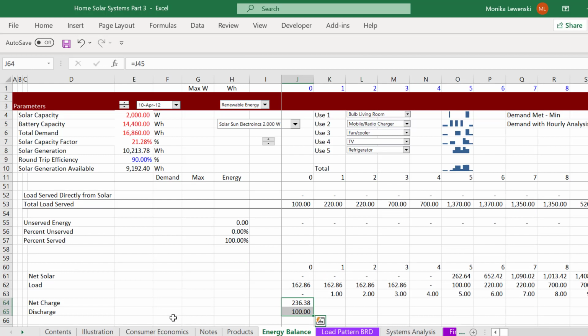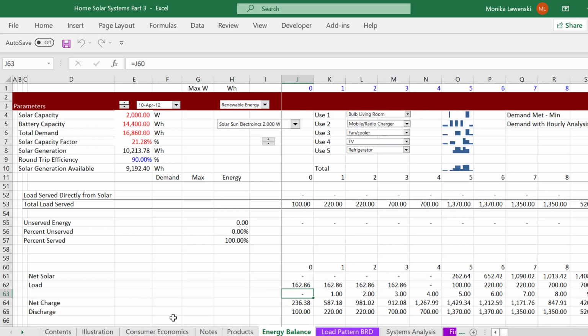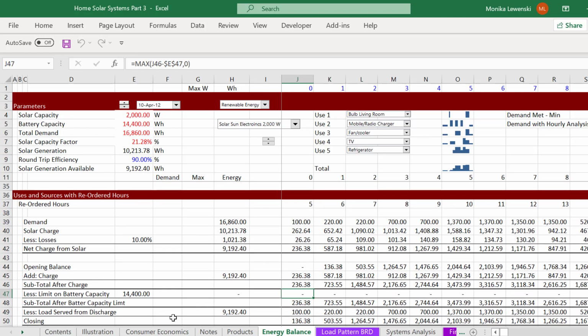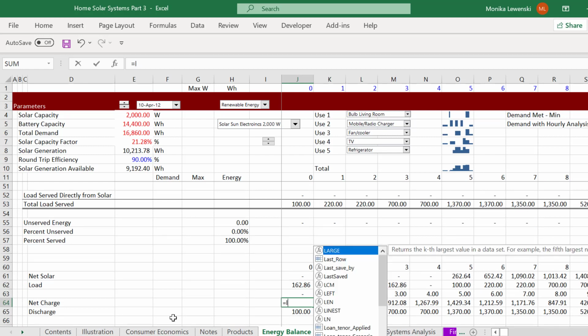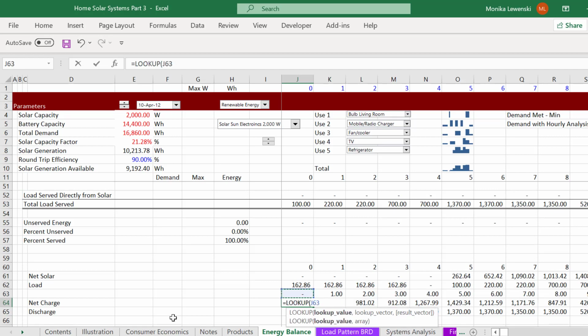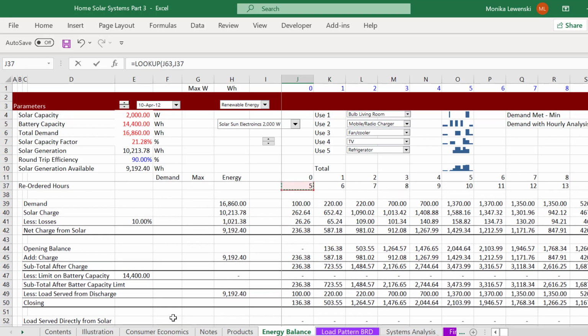What are we doing? Charging and discharging in the same thing? Oh, this is because, oh, shoot. Let's do this. I'm going to put an equal lookup for the millionth time, and watch me get it wrong.